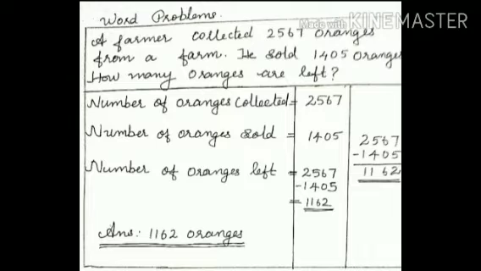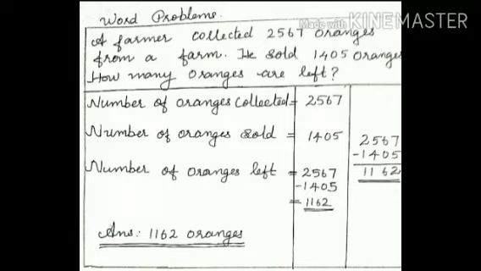So the first step is number of oranges collected. How many oranges did he collect? 2,567. Then the next step, number of oranges sold. He sold 1,405 oranges.